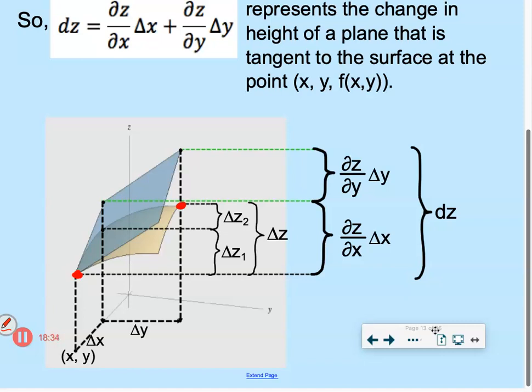So instead of a line, now we have a plane, right? So you do a plane tangent to the curve at that point, and then you use your new input on the tangent plane to get your dz value, which is your approximation for your delta z.